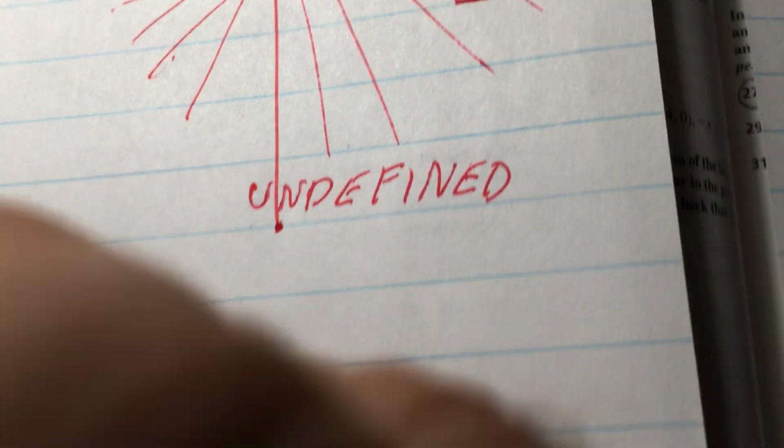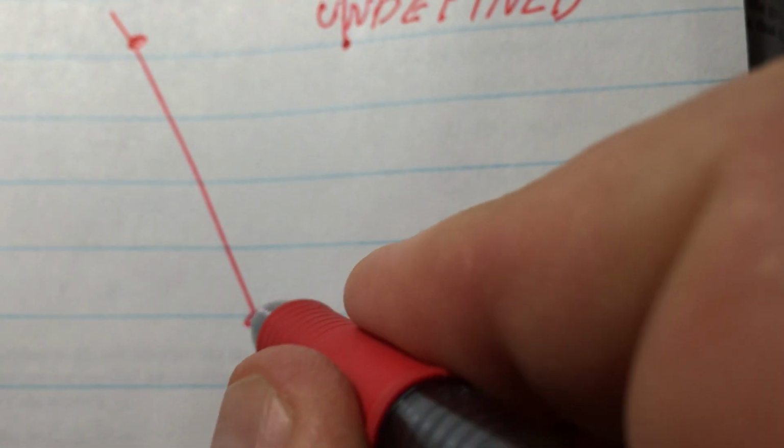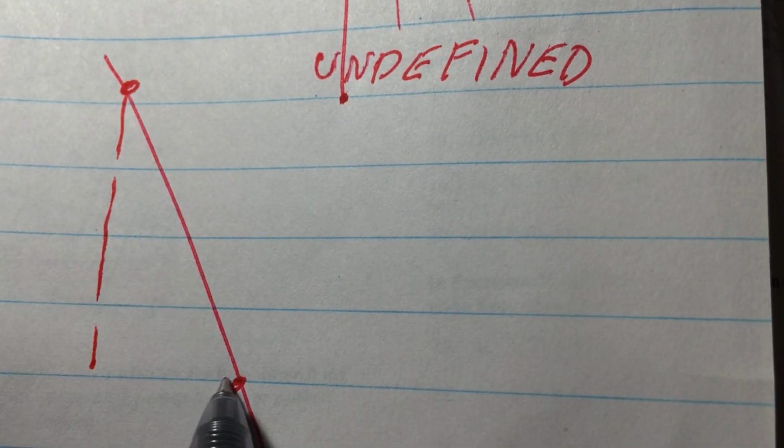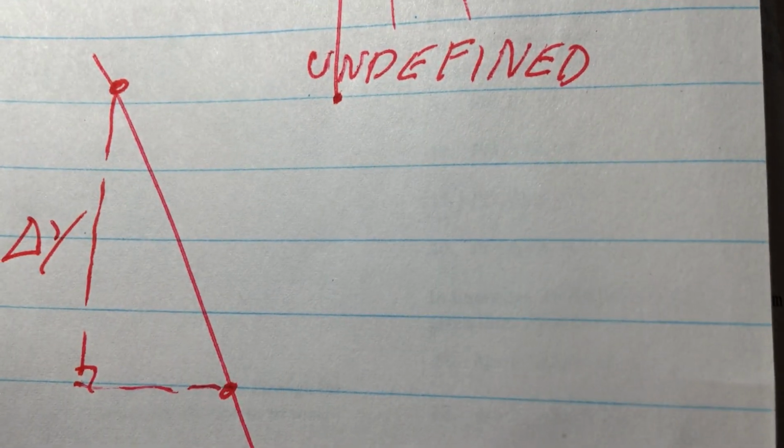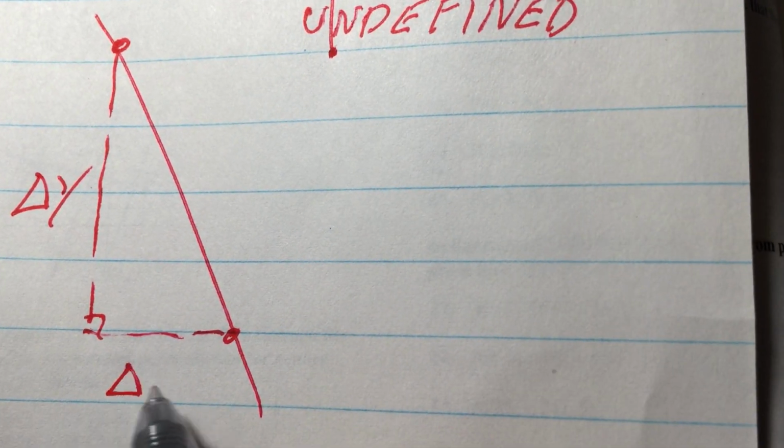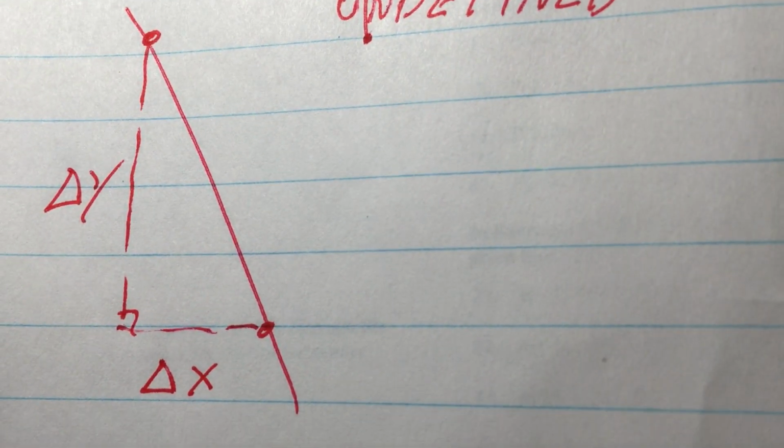Letter D. So I make my line go. In this case, the line looks like this. I have my dot and I have my other dot. This is going to be my difference in the y values. This is going to be my difference of my x values.